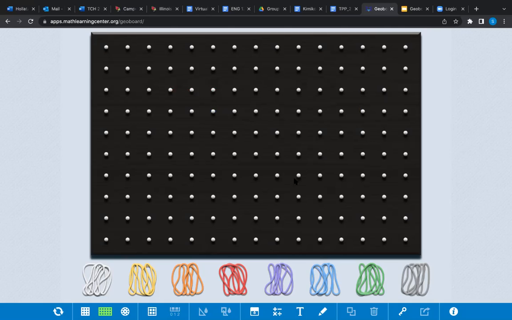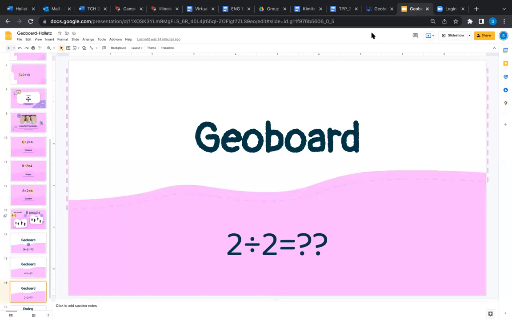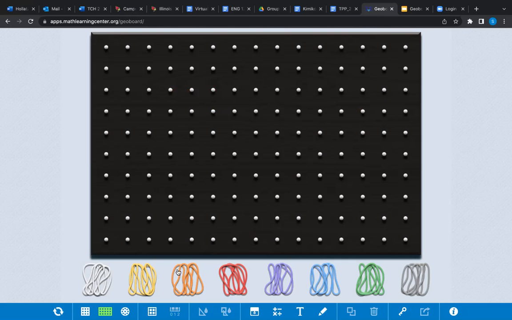Okay. Now our last problem of the day is 2 divided by 2. Ooh, this one's tricky too. So let's write it out. Everyone try this out on their Geoboard.